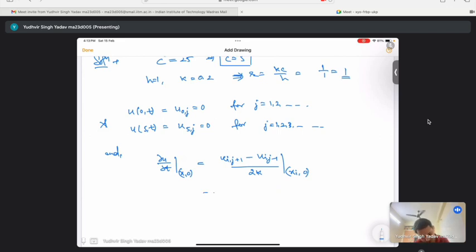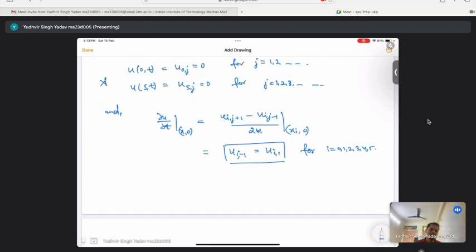So it is nothing but it is u_i,-1 equals to u_i,1 for all i equals to 0, 1, 2, 3 to 5. So with these points, this is the required relation that we have obtained for the negative time level.